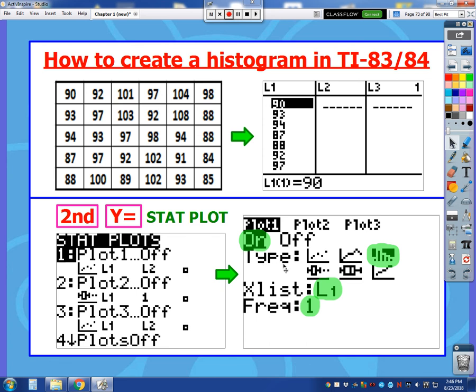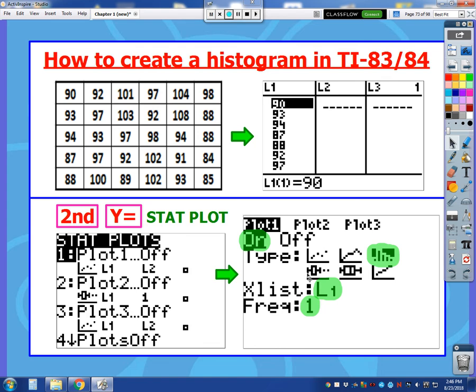Press down, and we're going to go over here and select the histogram. Press the right arrow pad to get over to here, press enter so that it selects it, and then you need to tell it what list your data is in. My list was in List 1, which is the default, but if you need to change it, you could switch it to List 2, List 3, whatever the case may be.